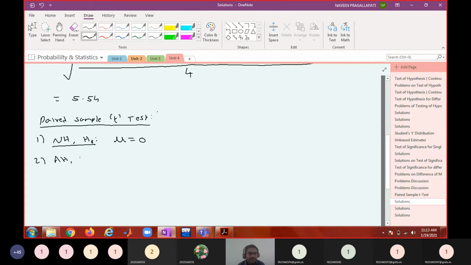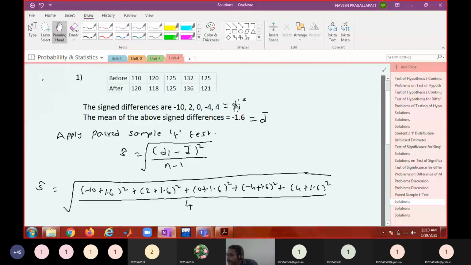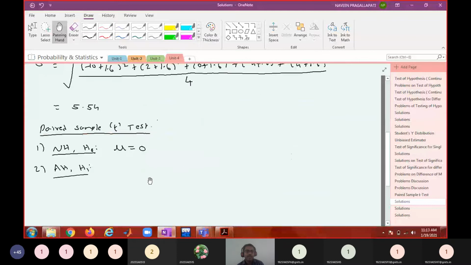Alternate hypothesis H1. Because we are getting it as a negative value, shall I consider it as mu less than 0? Okay, so I'll consider mu less than 0.